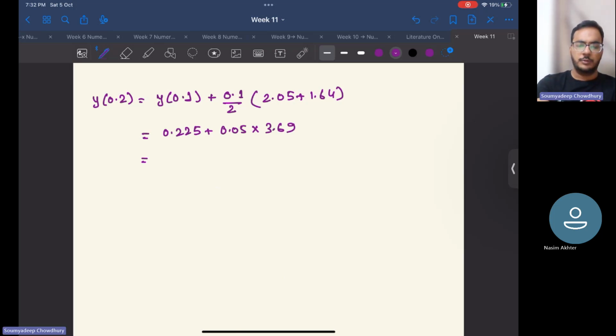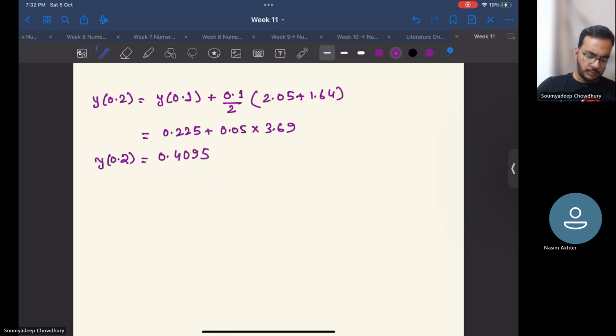So if we substitute this 3.69 into 0.05 plus 0.225, it comes out to 0.4095. So your functional value using the RK2 method in 2 steps comes out to be 0.4095.